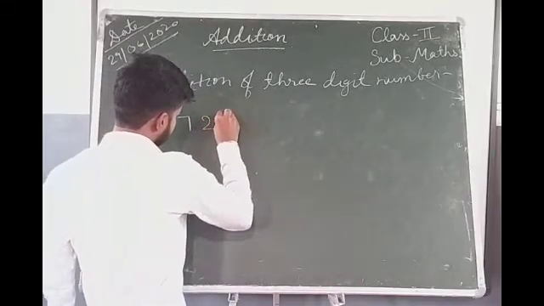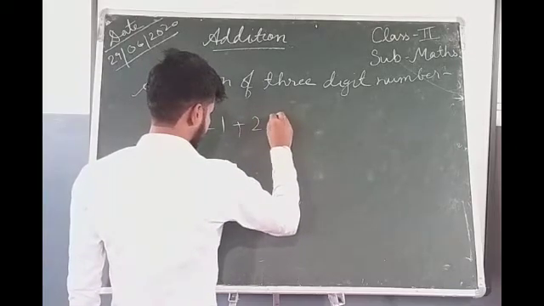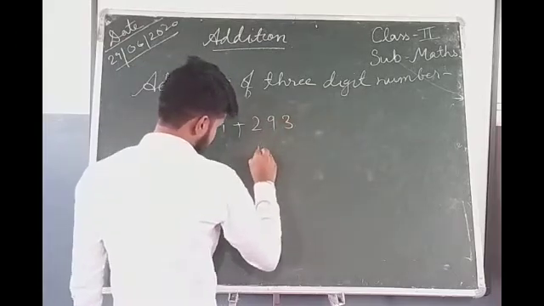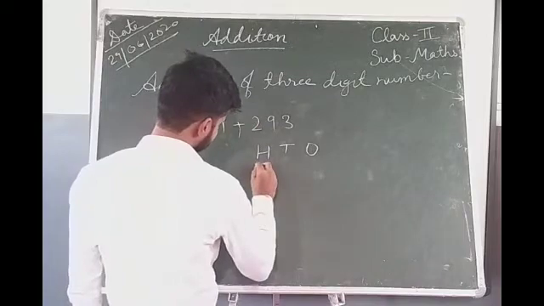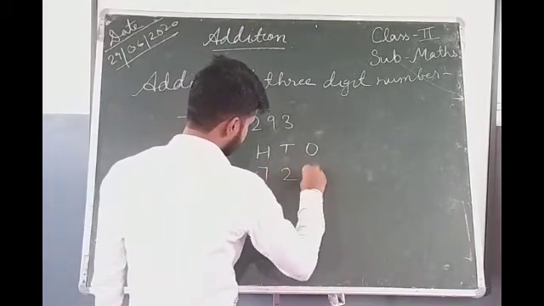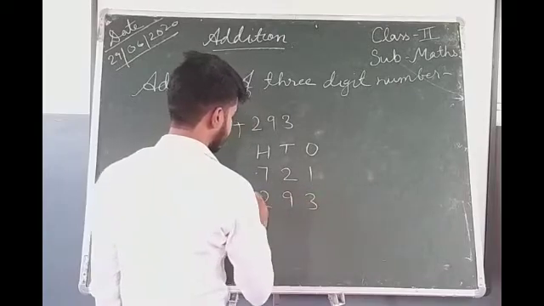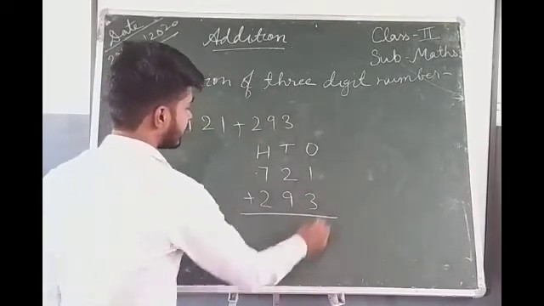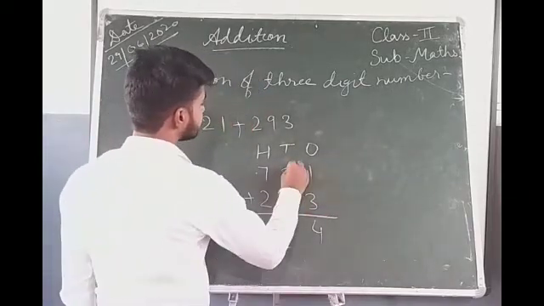721 plus 293. Now we will write hundreds, tens, ones: 721, 293. Now we will add this. 3 plus 1, that is 4. 9 plus 2, that is 11.